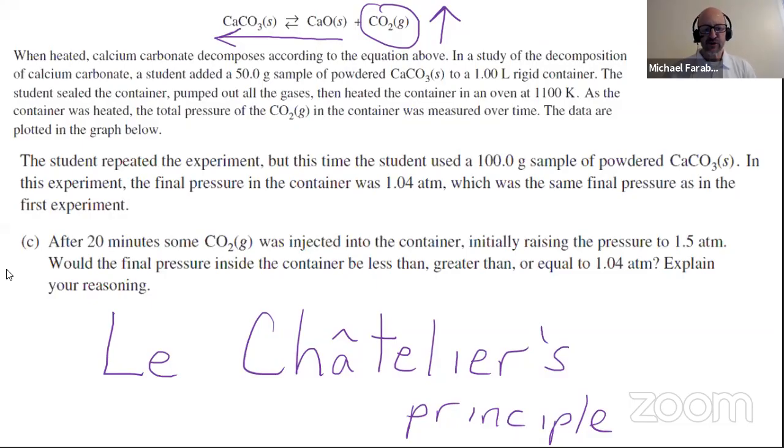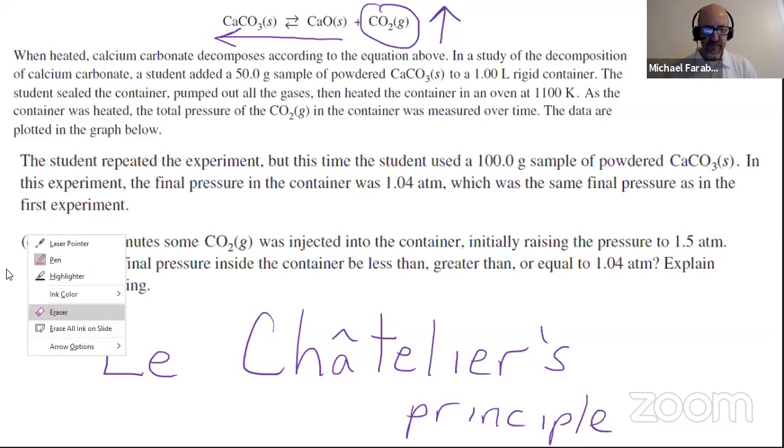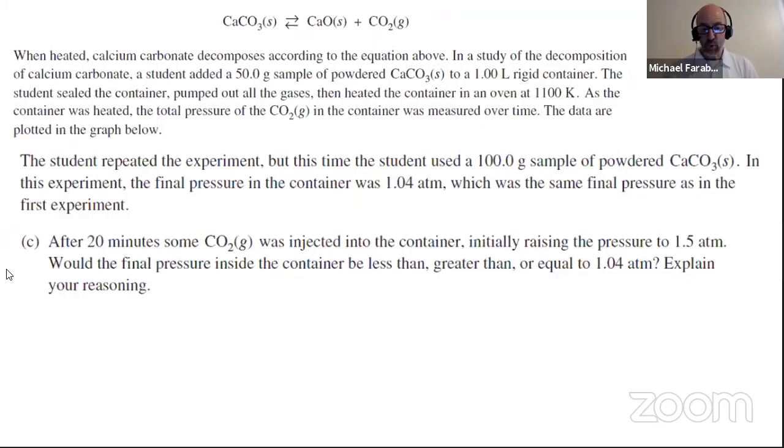So it says after 20 minutes, some CO2 was injected, raising the pressure to 1.5 atmospheres. Would the final pressure in the container, assuming it would have reestablished equilibrium, be less than, greater than, or equal to 1.04 atmospheres? So we got 1.04 atmospheres in 2 different trials using 2 different amounts of calcium carbonate.